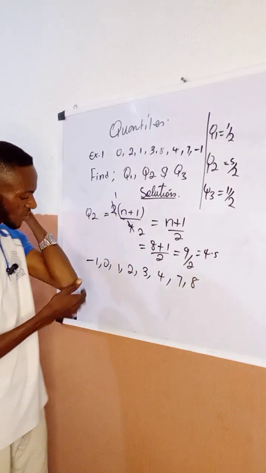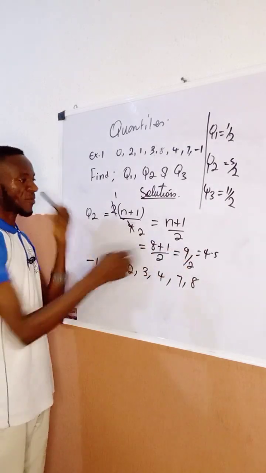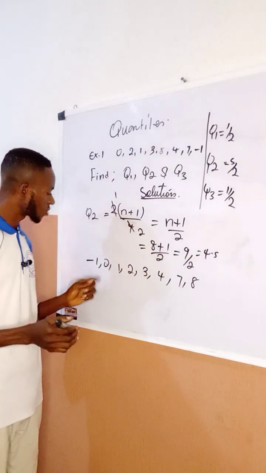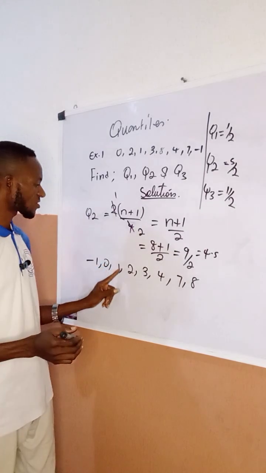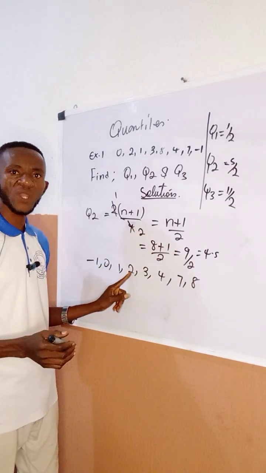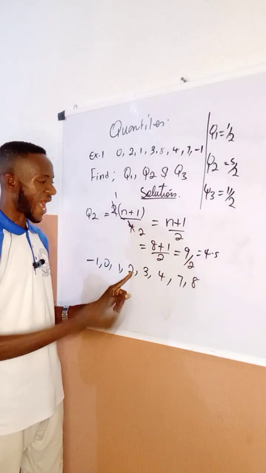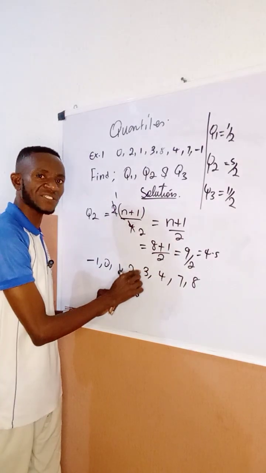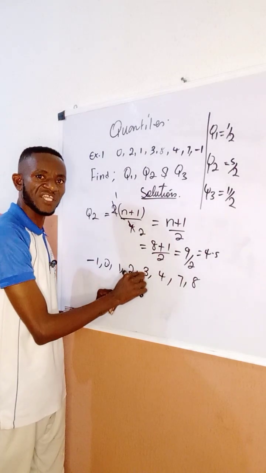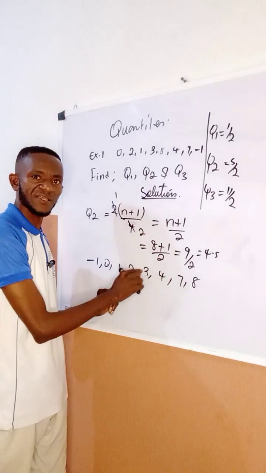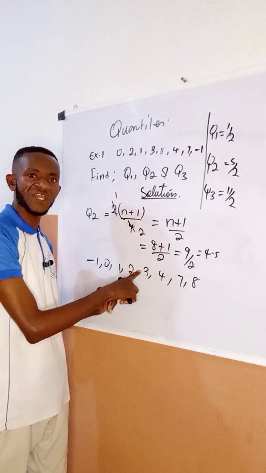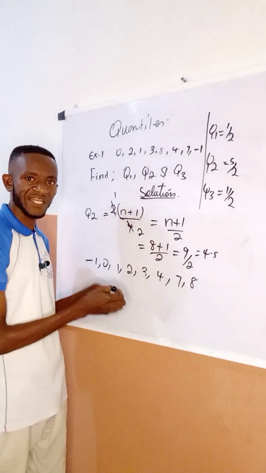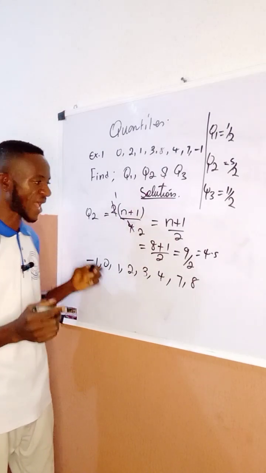Then we locate our 4.5, beginning from the least observation: 1, 2, 3, 4. This is where we have 4, and what we have here is 4.5 and not 4. So 4.5 lies between the fourth and fifth observations, and we add these two observations and divide by 2 to get our Q2.